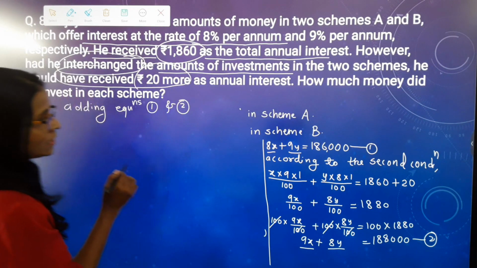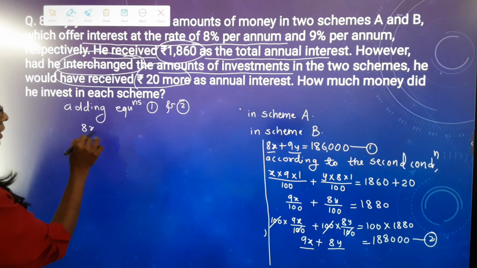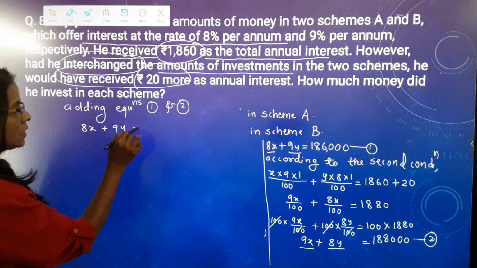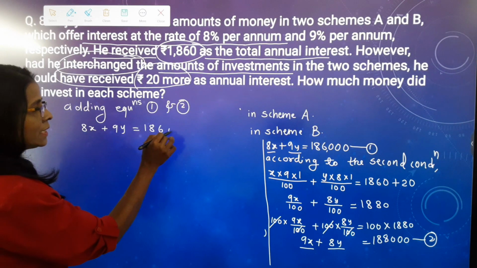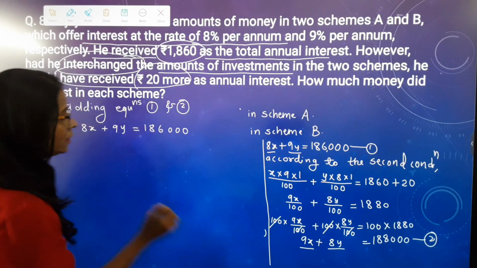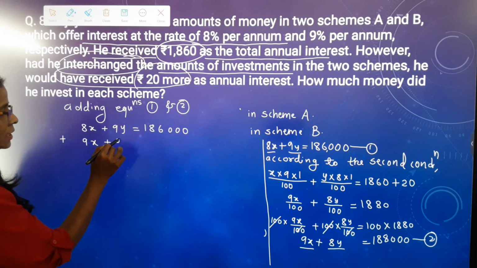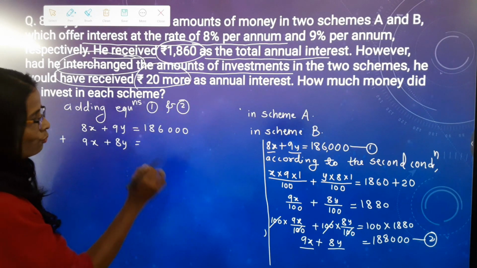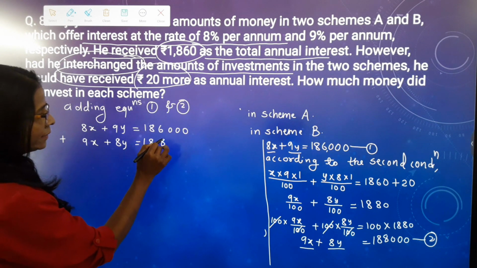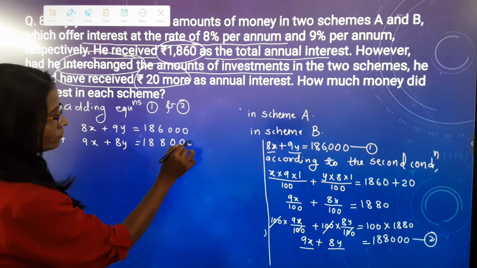First equation is 8x plus 9y is equal to 1,86,000. Second equation is 9x plus 8y is equal to 1,88,000.